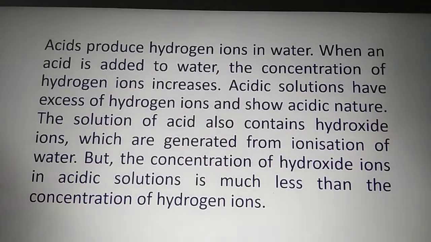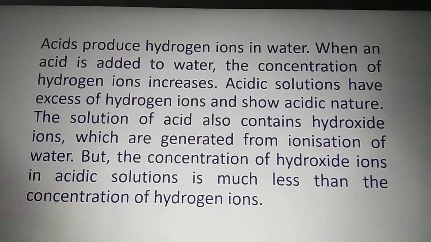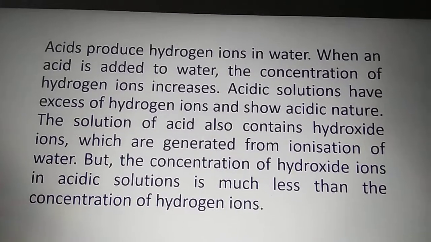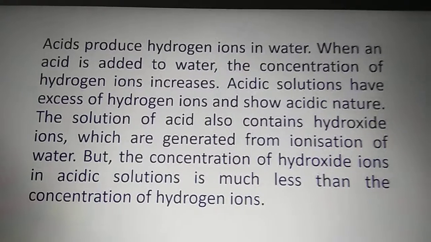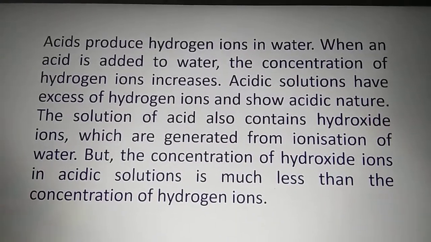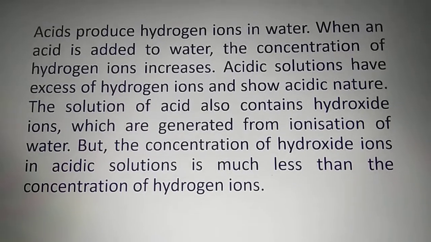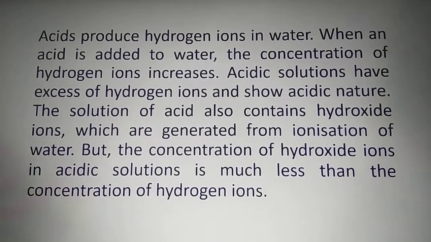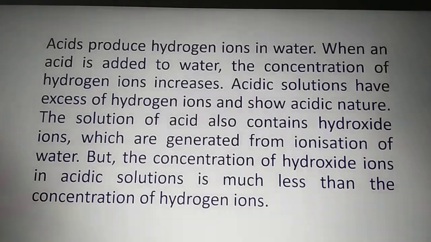So these hydroxide ions are from the ionization of water. But when acid dissolves in that water, it produces more H+, that means it increases the number of H+ ions or concentration of H+ ions. So we can say that concentration of hydroxide ions in acidic solution is much less than the concentration of hydrogen ions.